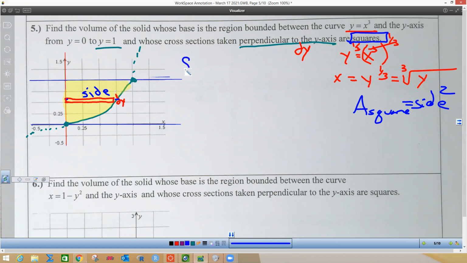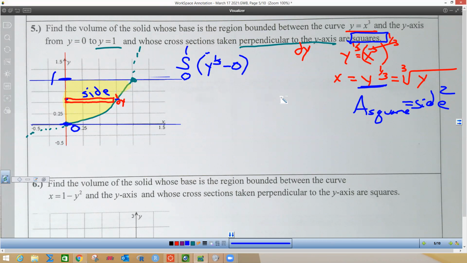So we are going to do the integral from the bottom, which is 0, to the top, which is 1, because this y value right there is 0. This y value right there is 1. That's bottom to top. And then we're going to take the right, which is the green, which is this thing we just found right there in terms of y. So that's y to the 3rd minus this red line right there, which is 0. Now that right there is the length of your side.